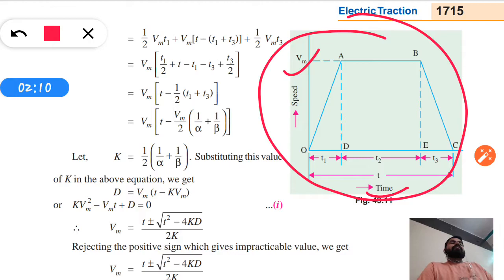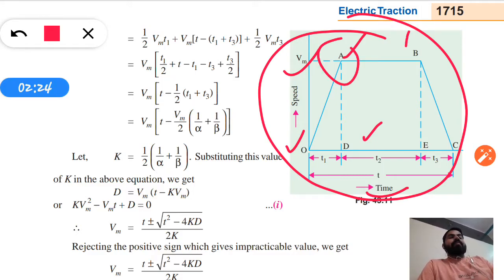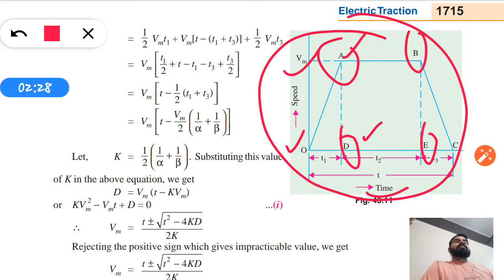There are three types of figures we can see. First is O, A and D, which is a triangular shape. A, B, E and D is a rectangular shape.